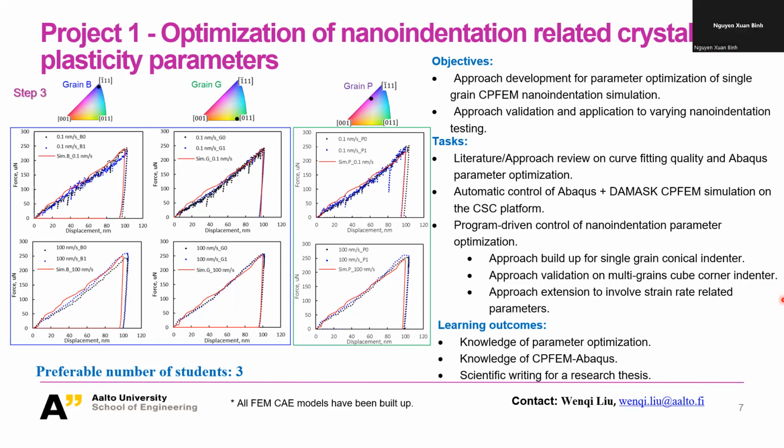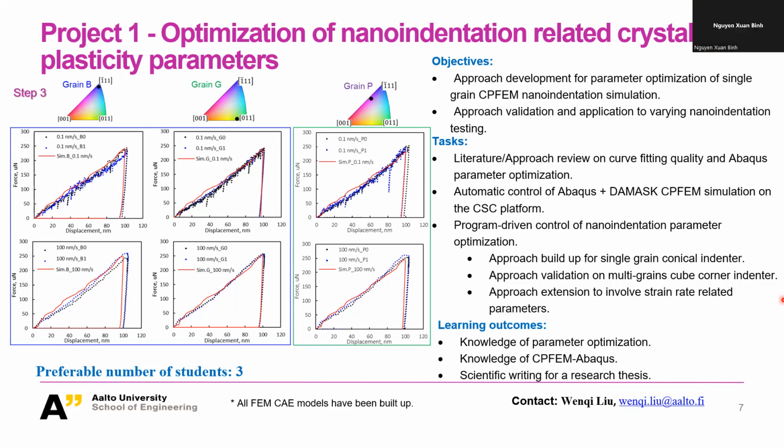It's good that you mentioned the FFT and Damask simulation. Then what does it say here? It says Abaqus plus Damask CPFEM. So this is the one that is different from what I'm using. No, we don't have Damask anymore here.